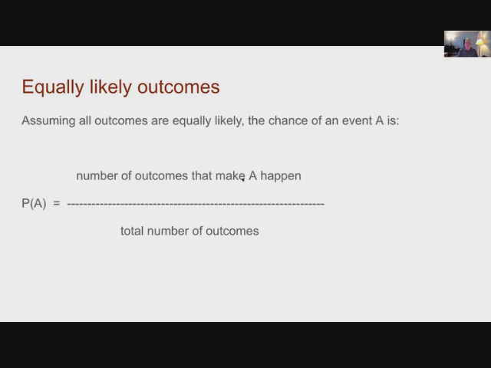For a die example, what's the probability of rolling an even number? We count the total number of outcomes. For a standard 6-sided die, the total is 6, and the outcomes that make it happen are 2, 4, and 6. So we take 3 divided by the total number of outcomes, 6, and the chance of rolling an even number is 0.5 or 50%. Okay, so that's what we do when all of the events are equally likely.